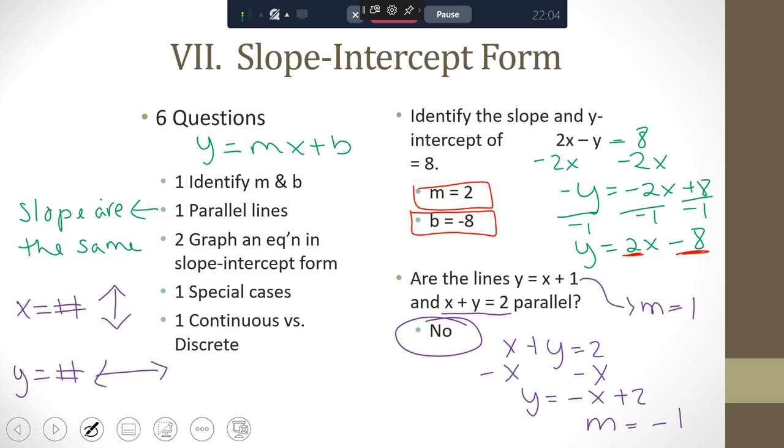Continuous means that you can have values in between, like fractions. Discrete are values that are independent, like you can't sell fractions of tires or people. You can't have a fraction of a person. So those would be disconnected dots. So continuous is a straight line, and discrete are disconnected dots. Okay?